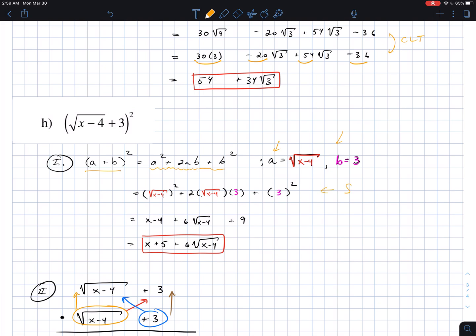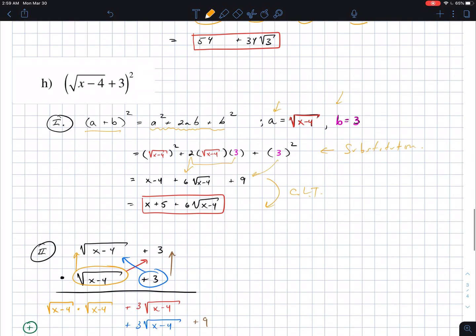Starts with an S. Right? So once I did that, I just carried things out. The square root and a square cancel each other out, leaving x minus 4. 3 times 2 is 6, and 3 squared is 9. Combine like terms, and you have your answer.